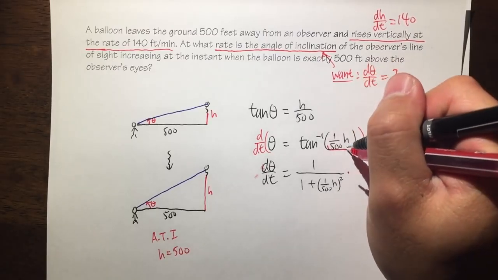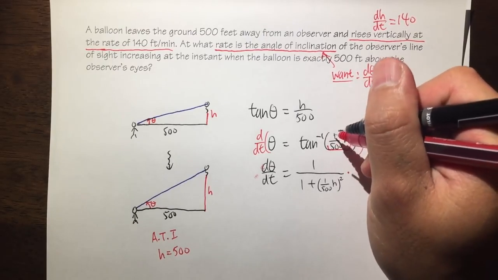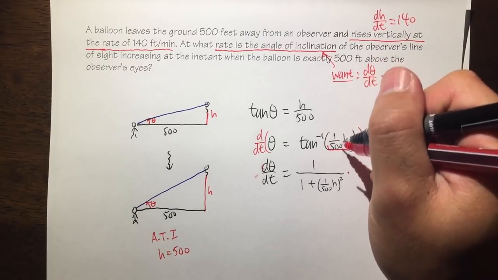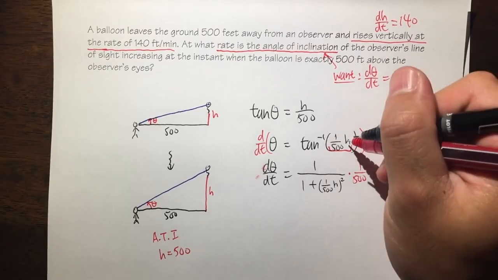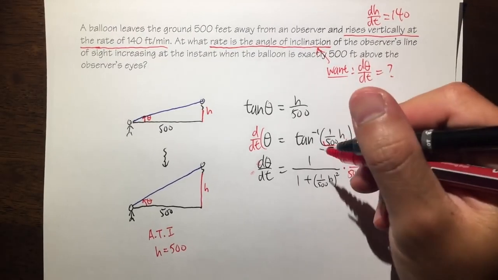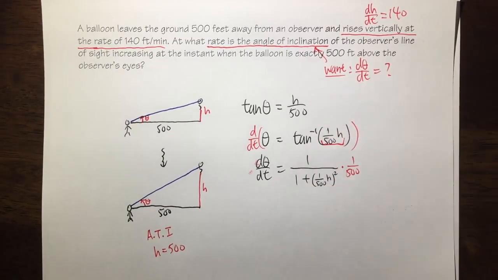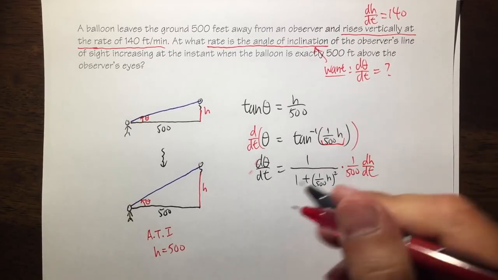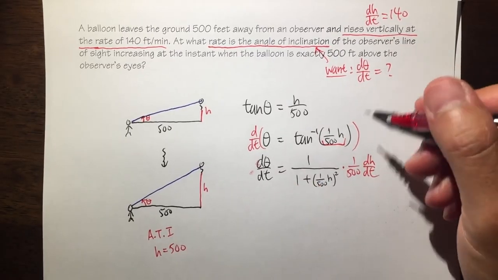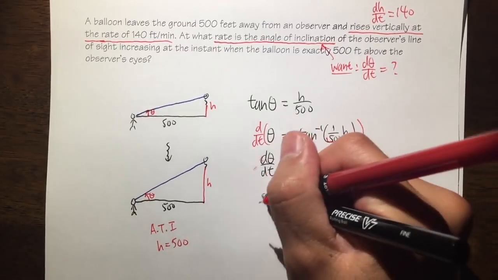We multiply by the derivative of the inside. The derivative of 1 over 500 times h: you first put down 1 over 500 and the derivative of h, because h is a function of time, so dh/dt. So that's pretty much it, and we just have to plug in some numbers.